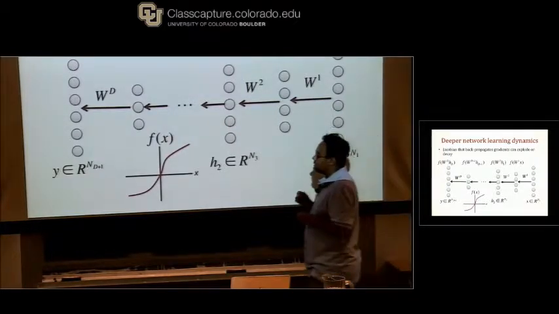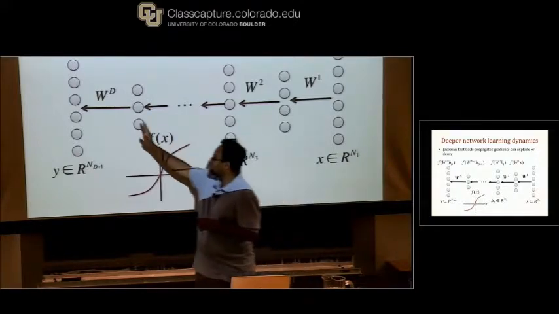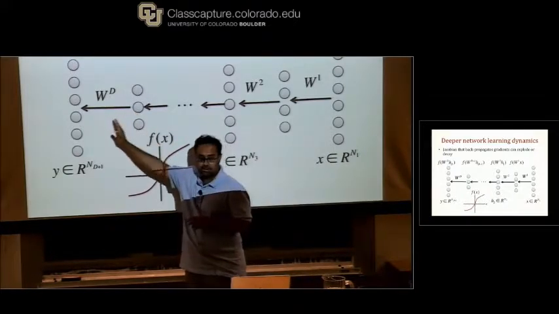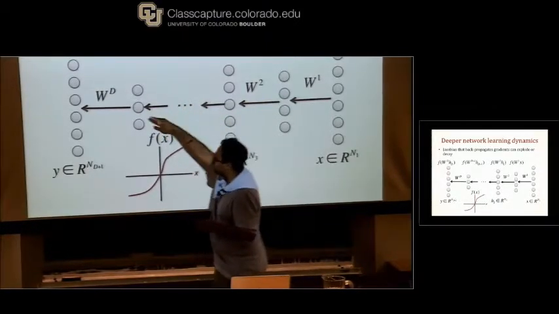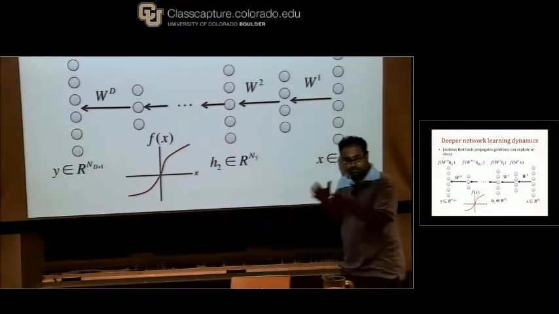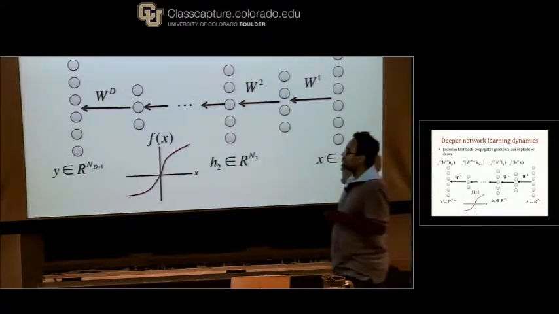Now there's a problem. If the matrices all roughly have small elements, then the singular values of the matrices will be small. And then when you take products, you'll get this exponential decay in the singular value distribution of the product. Okay? That's called a vanishing gradient. Okay?